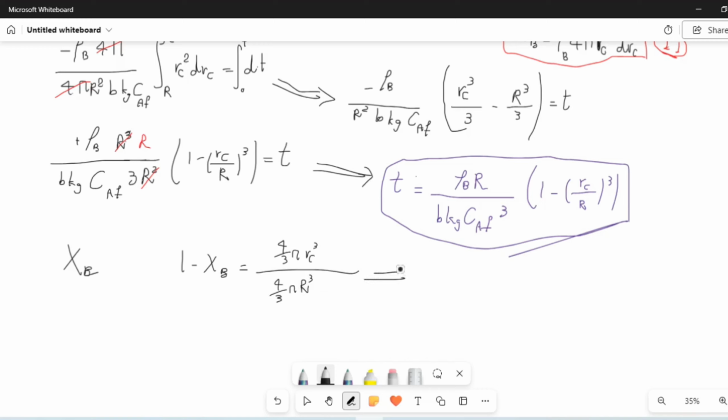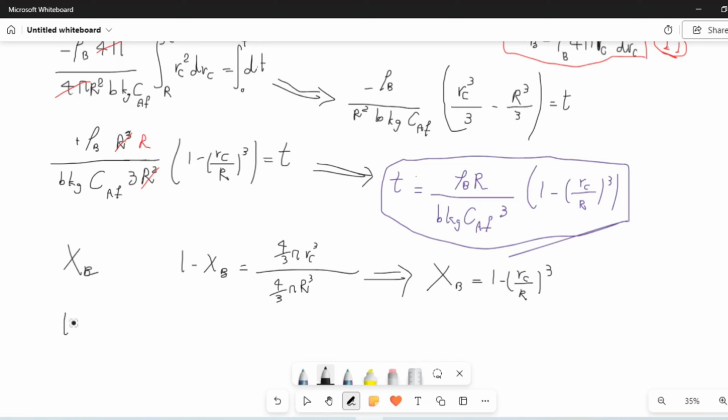This leads us back to the same equation we derived, as XB is equal to 1 minus rc over capital R cubed.